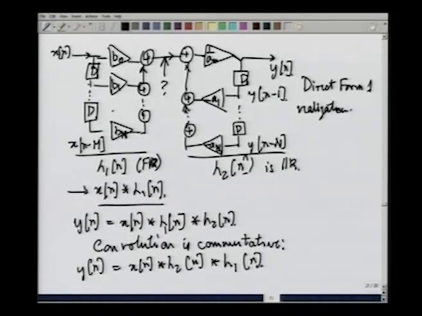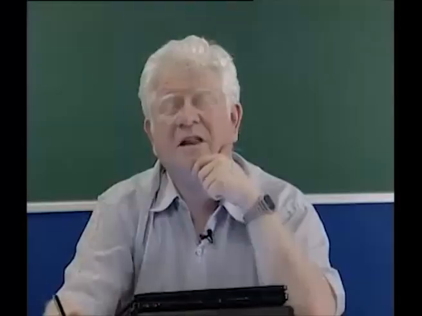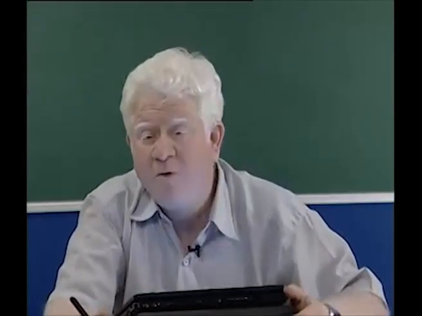So, which is better? Direct form 2 is definitely better because it does the same job as direct form 1, but it does it using half the number of delays that the direct form 1 used.